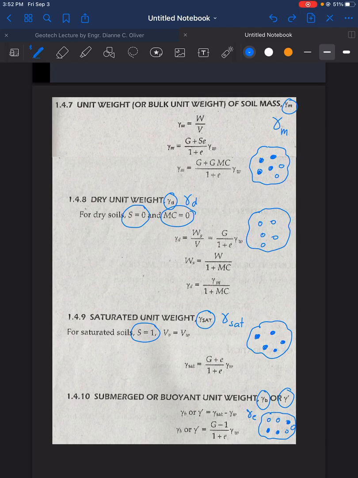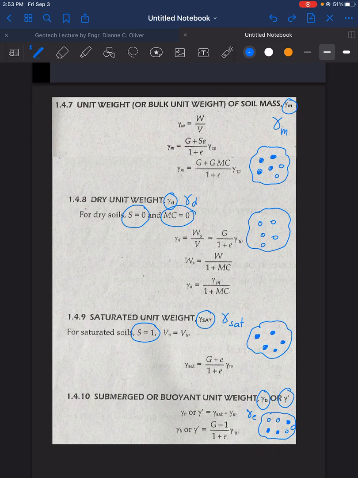Meaning the soil sample has attained a strength wherein it can withstand a certain force. Unlike the moist unit weight, which is taken fresh from the site, it is weaker compared to the effective unit weight. Okay?